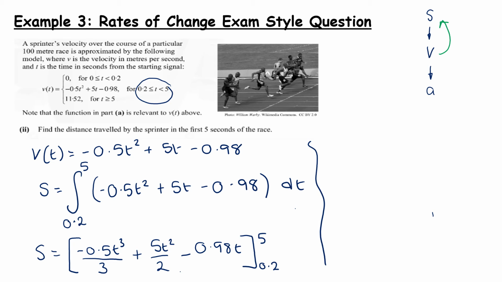So when we do that, we're going to have minus 0.5 times 5 cubed over 3 plus 5 times 5 squared over 2 minus 0.98 times 5.